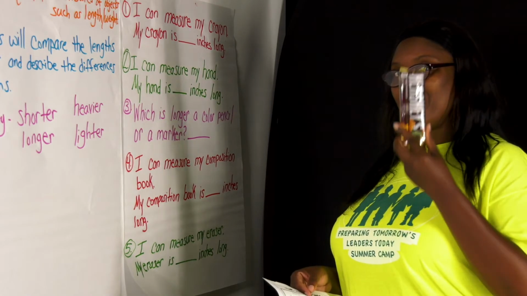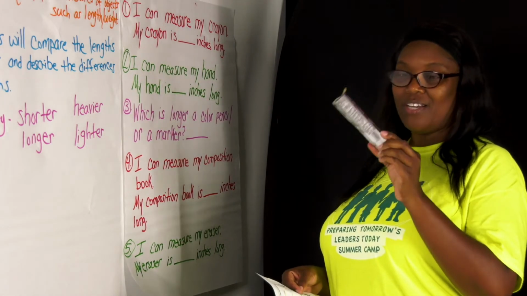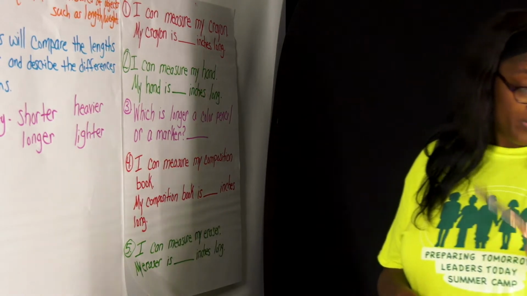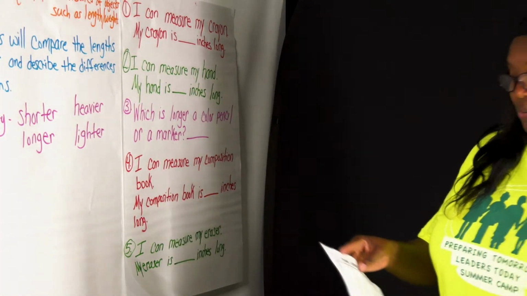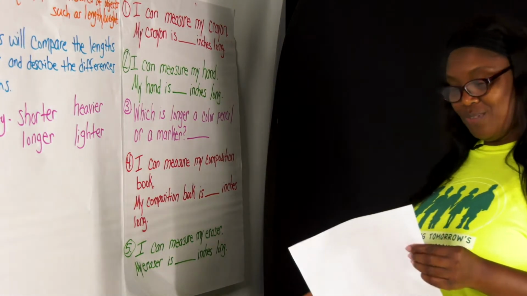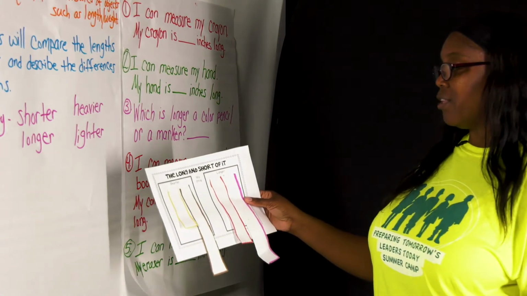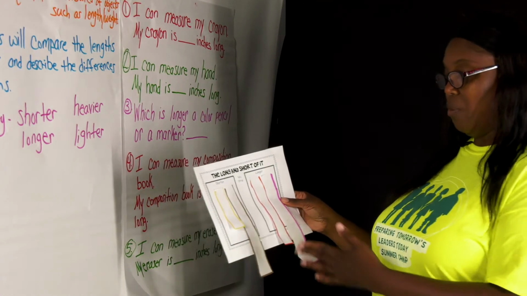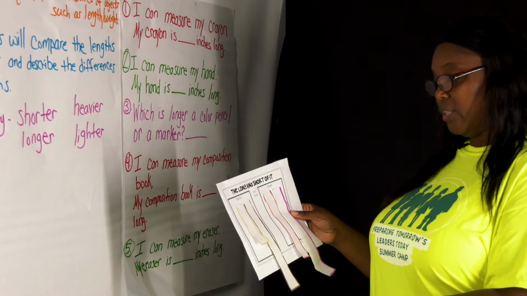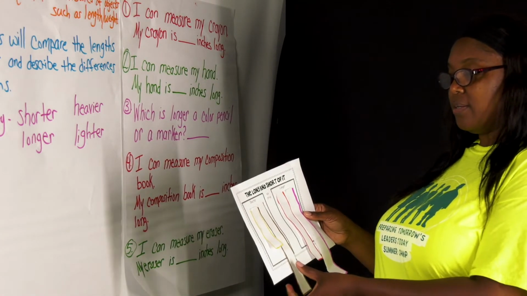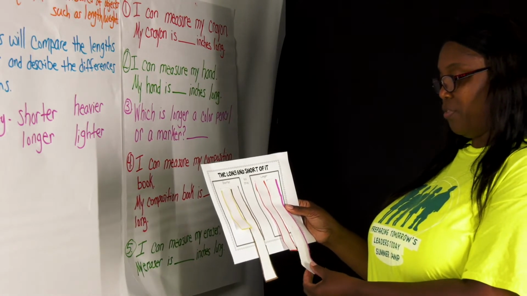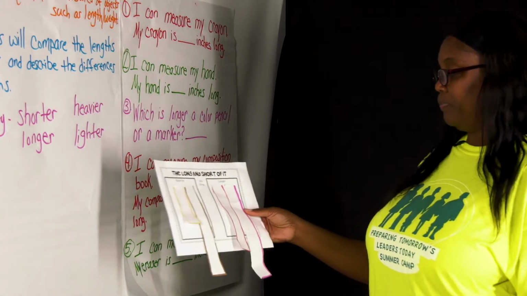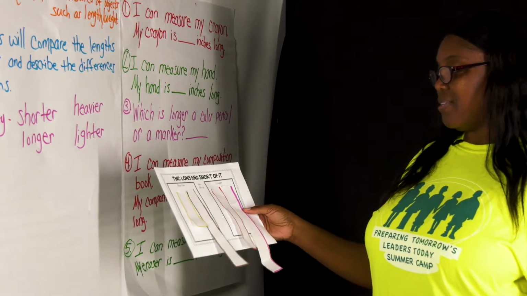As you can recall, this is Miss Allen's favorite one, the Hershey one with the almonds, because it's the longer one. We also did our lesson on the long and short of it, and we used strips of paper to measure. We had the yellow one, the brown one, the red one, and the purple or pink one. So with that being said, we're going to do another activity.